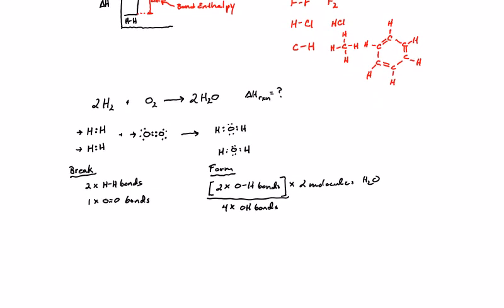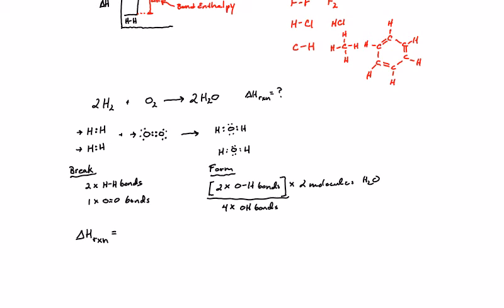So to calculate the enthalpy of the reaction, we need to look at the amount of energy that's being put into the reaction by breaking bonds and how much energy is being released by forming bonds.